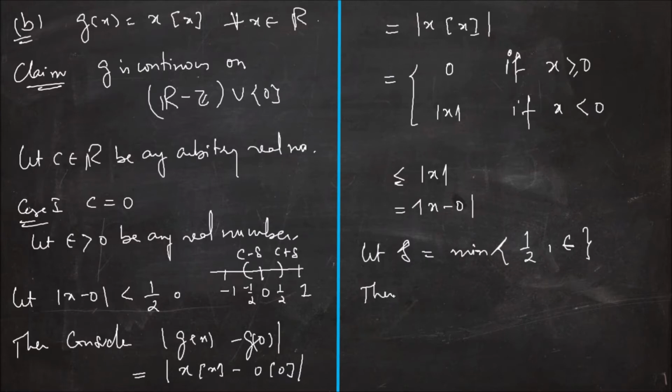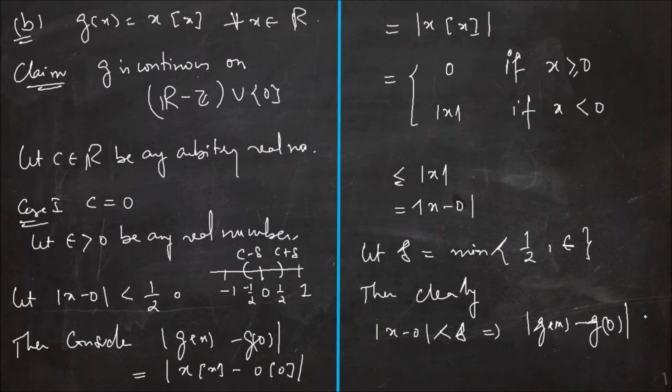Then clearly |x minus 0| less than delta implies |g(x) minus g(0)| is less than epsilon. Hence g is continuous at c equal to 0.